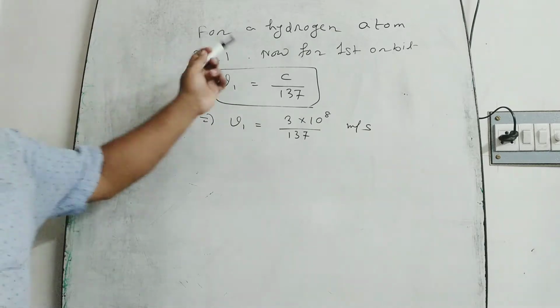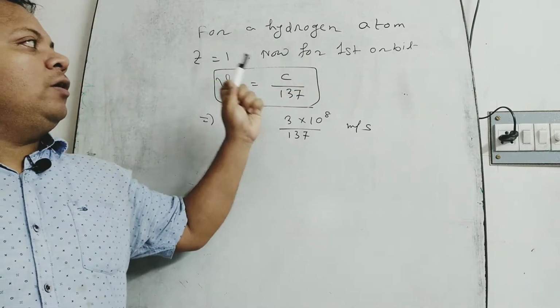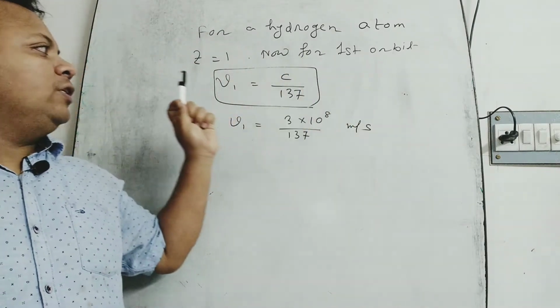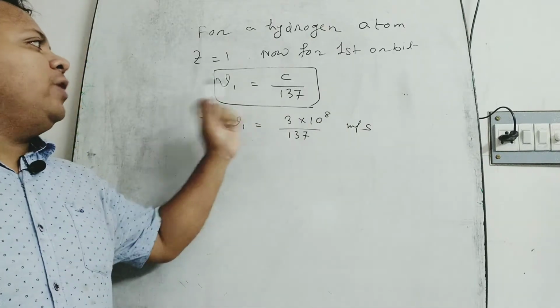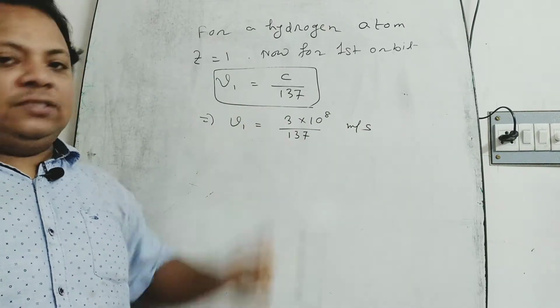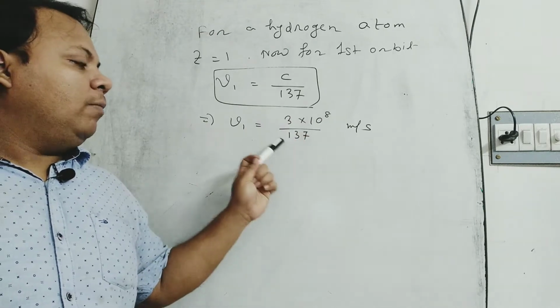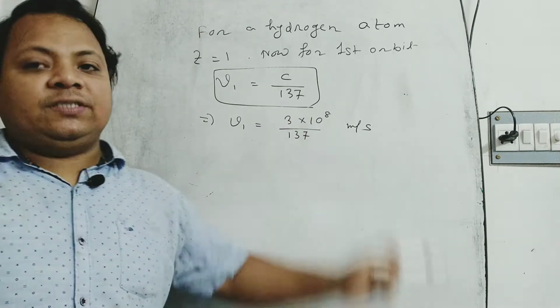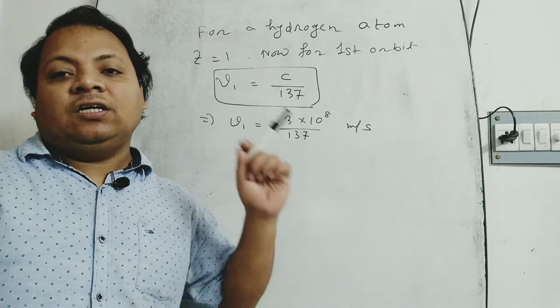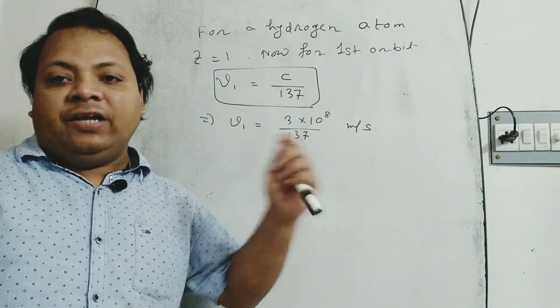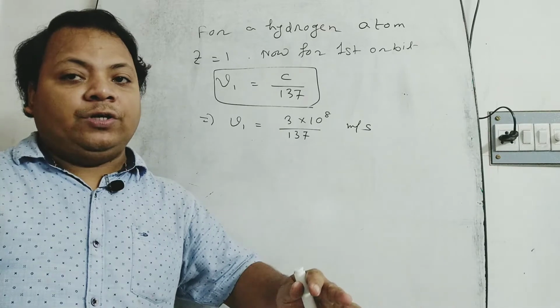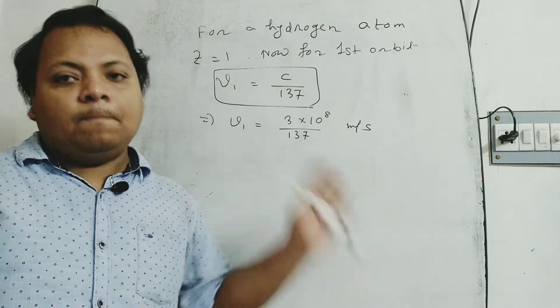That is, V1 is equal to c by 137, that is, V1 is equal to 3 into 10 to the power 8 by 137 meter per second. This is the velocity of an electron in the first orbit of a hydrogen atom.